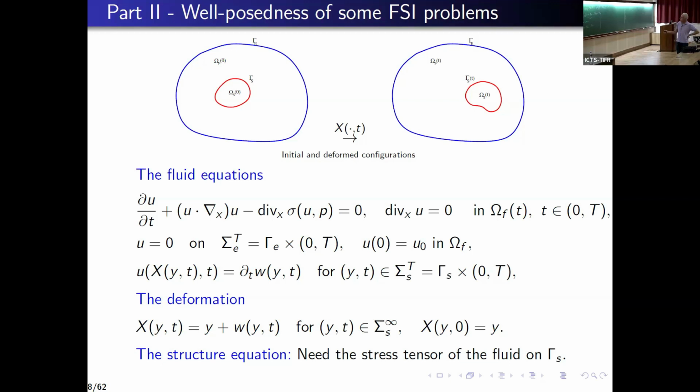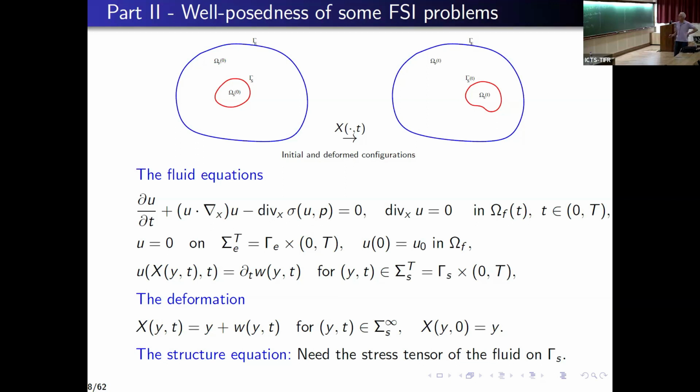So here I have some geometrical point, here is x. And here it's different, so I'm going to use another notation here, it will be y. This is why I take here the gradient with respect to the x variable, the same for the divergence. Okay, so this is the classical Navier-Stokes equation, except that the domain now is changing with the time.